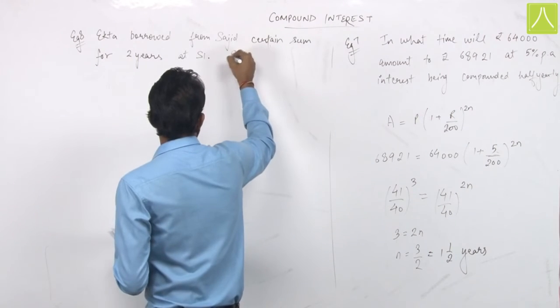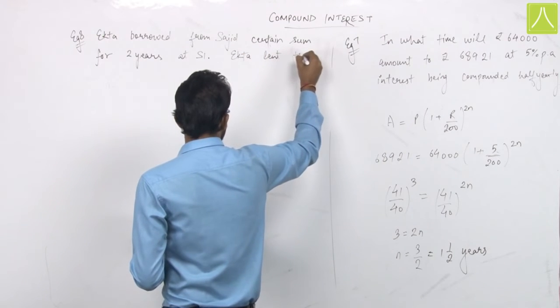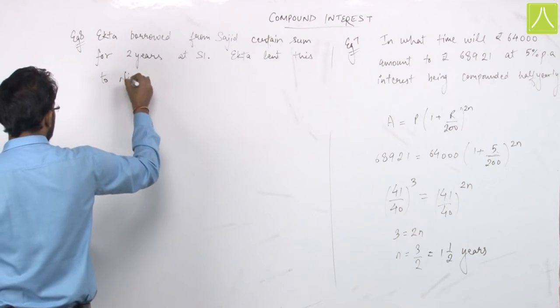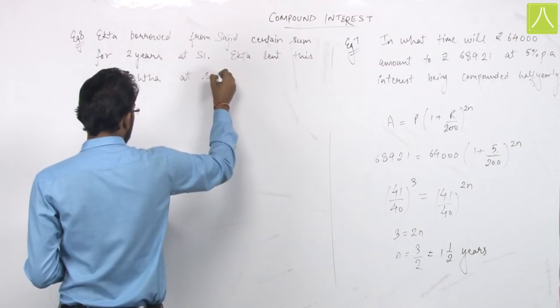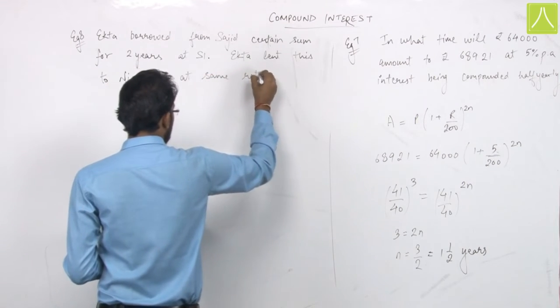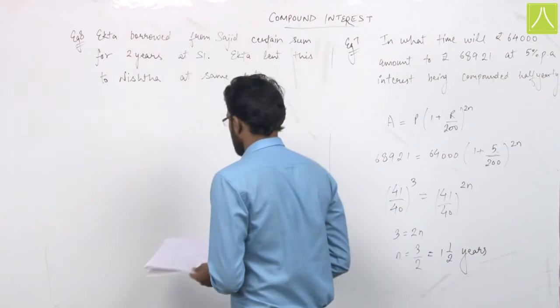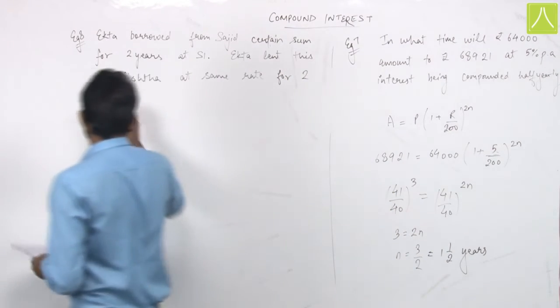She lent this amount to Nishtha at the same rate for 2 years at compound interest.